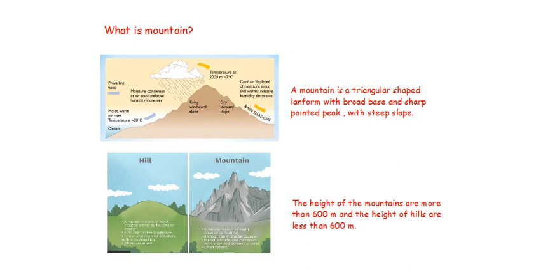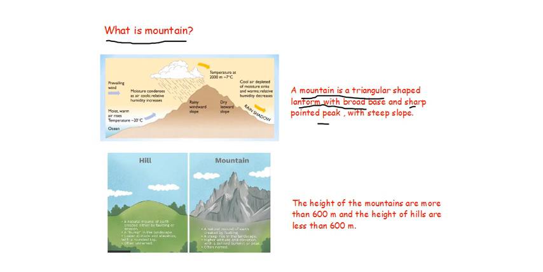So what is mountain? What do you mean by the word mountain? A mountain is a triangular shaped landform with broad base and sharp pointed peak with steep slope.